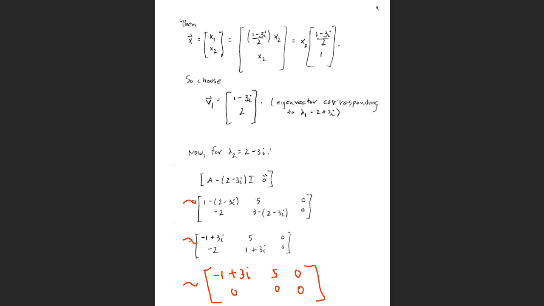Can I just do this? Is that guaranteed? I didn't show what row operation I did, as I did with the first eigenvalue, but yeah, that's true. You don't even need to think about it.